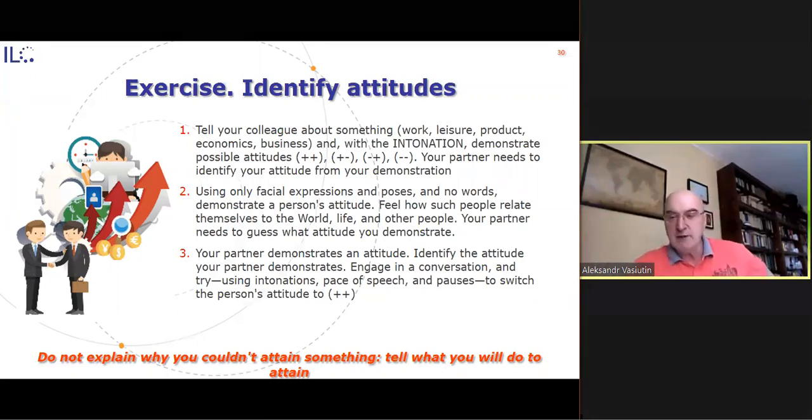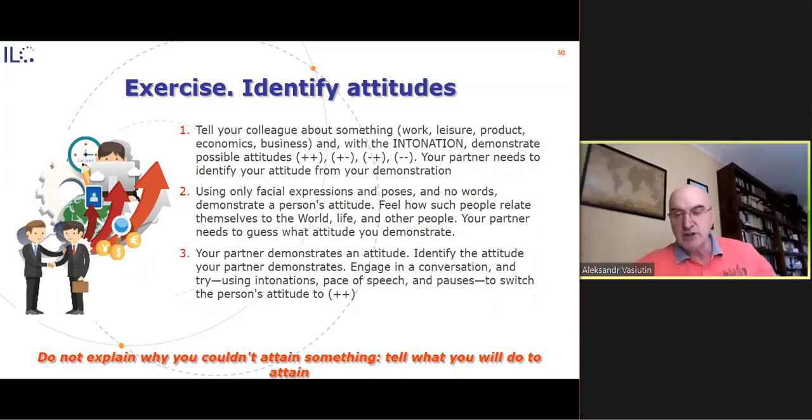Quite likely, the hosts are trained so that they play a role of plus plus. You are good and I'm good. But there are those who may not be trained in it. And the most interesting thing is that you may not actually hear, but only by judging by postures and gestures, you can identify who is in front of you.